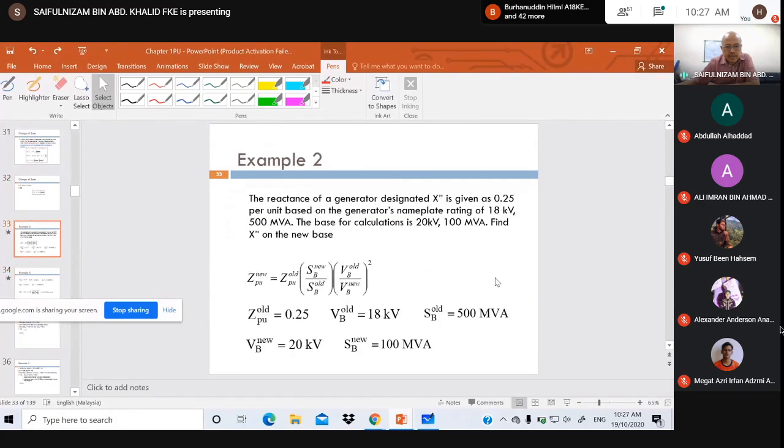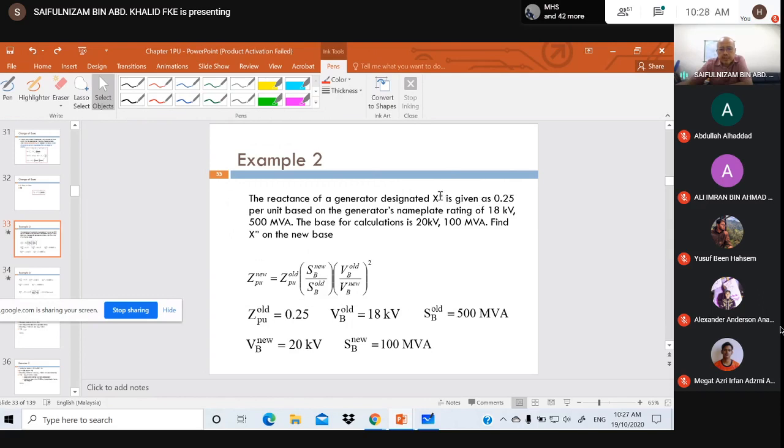Okay, let's try this example 2. The reactance of the generator is represented as X double prime.